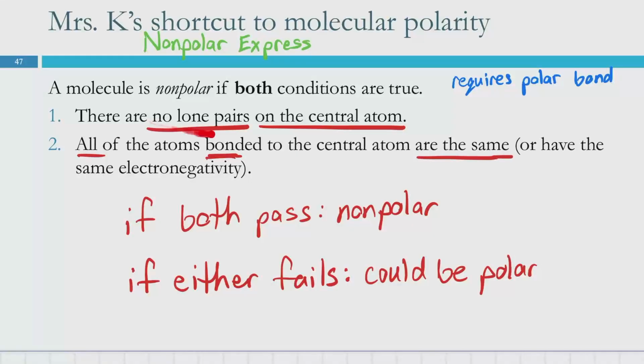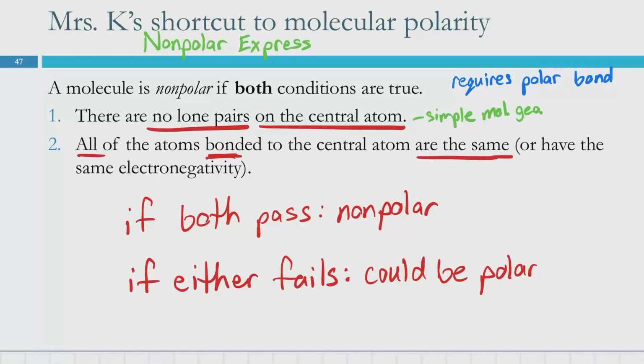So the way that this works, no lone pairs on the central atom means that it's going to be one of our simple shapes. All of our simple shapes, because of the way that valence shell electron pair repulsion theory works, are linear if we've got 2 bonds, trigonal planar if we've got 3 bonds, tetrahedral if we've got 4 bonds, trigonal bipyramidal if we've got 5, and octahedral if we've got 6.